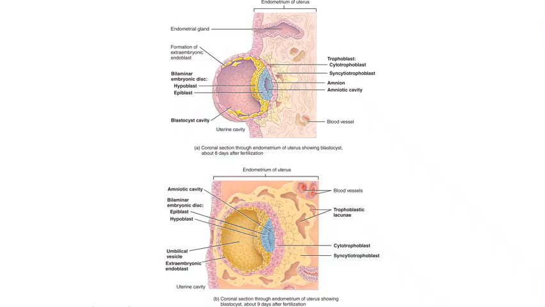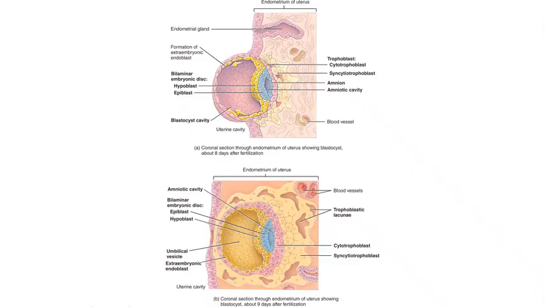Soon a number of large cavities develop in the extraembryonic mesoderm, which fuse together, forming a single cavity called the extraembryonic coelom. The extraembryonic mesoderm, together with the two layers of the trophoblast, forms the chorion. The chorion surrounds the embryo and later the fetus, and it eventually becomes the principal embryonic part of the placenta, the structure for exchange of materials between mother and fetus.